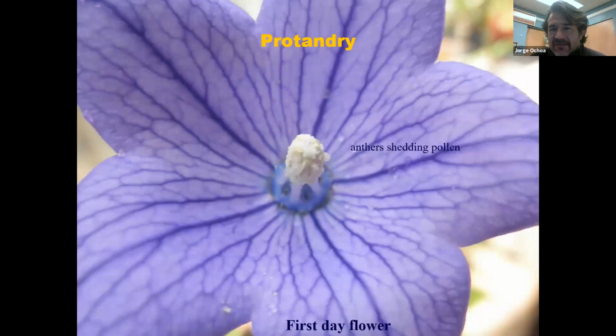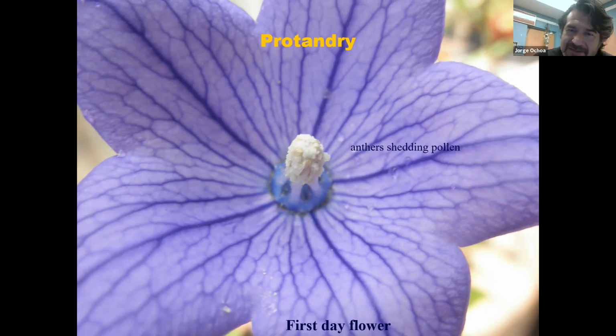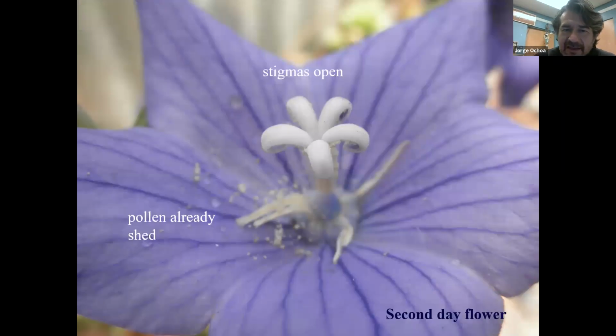And so here we have a plant by the name of balloon flower. And so right now on the first day, we see the anthers have shed their pollen. They're in the middle of the flower. So a bee visiting this flower will take the pollen and carry it somewhere else. And then during the second day, now we see that the stamens that have done their job, they're now withered and they have gone away. And now we have the stigma that has opened.